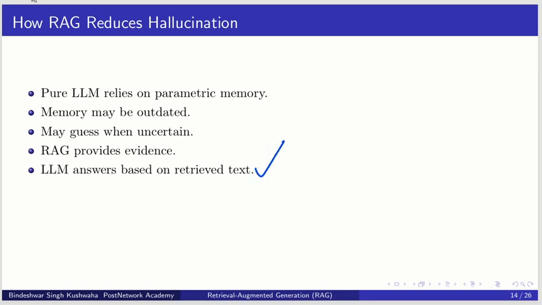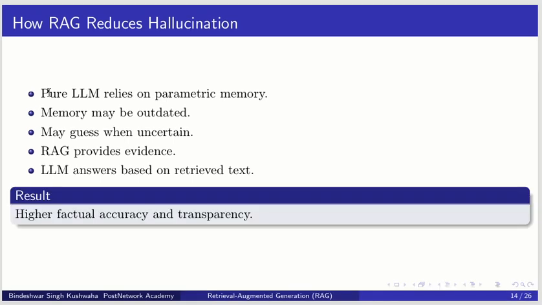The LLM here is like an intelligence system, and the query plus retrieved information is given to it and it answers. So you get higher factual accuracy and transparency if you use RAG.